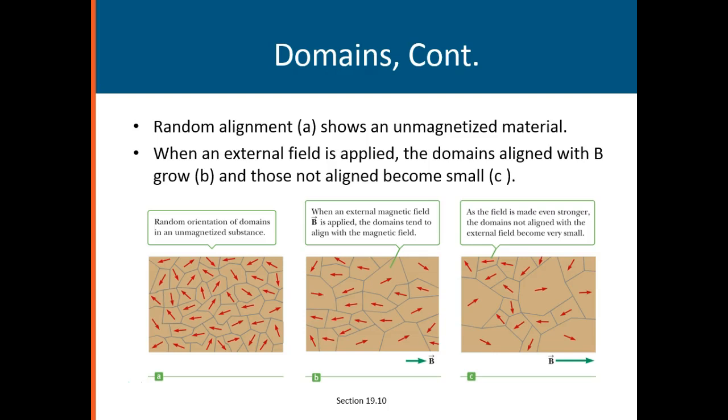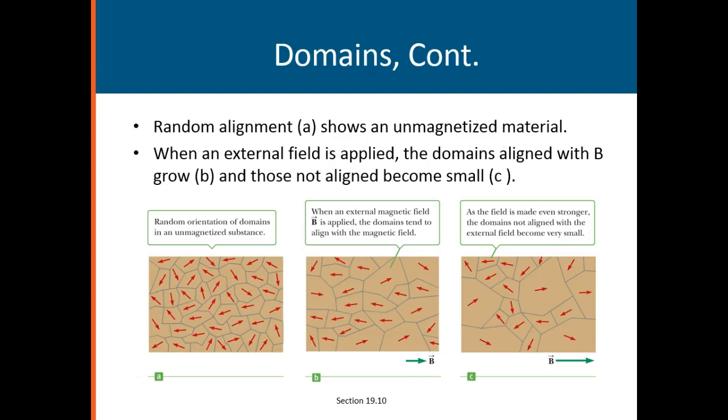Every domain is a little magnet. However, this little magnet's going that way, there's another one going this way, and that way, all sorts of ways. And this is only in 2 dimensions. In 3 dimensions, it gives you even more randomness. So that's usually an unmagnetized material. So most iron, nickel, and cobalt in their native state is unmagnetized.